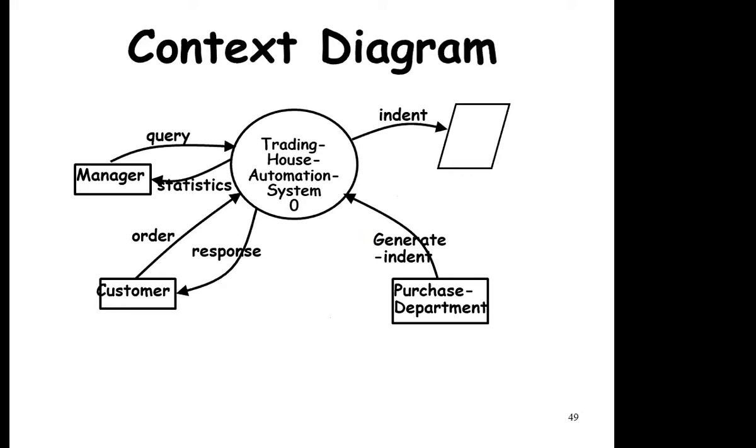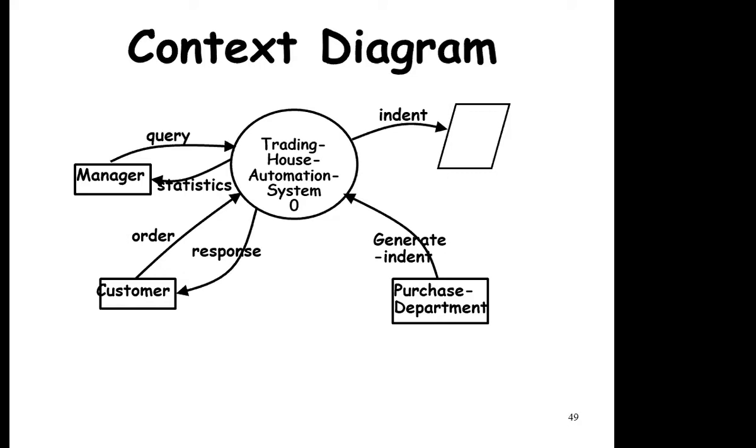In the slides, I have given you one problem. I have just shown the context diagram of that problem: the trading house automation system, where many entities are there. The entities are manager, customer, and purchase department. The problem statement is given, so I give you this as an assignment. You will go into that and solve the problem yourself.